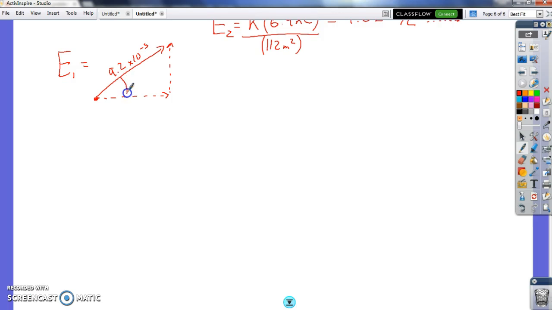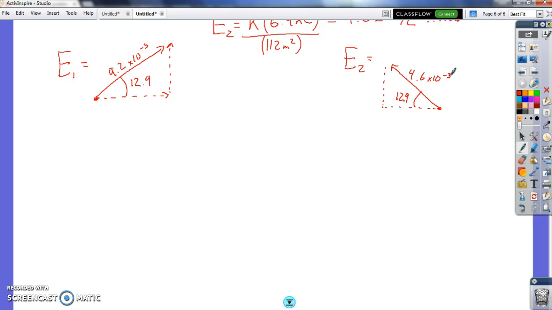And this is a 12.9 degree angle. We have E2, which is this direction. This is also 12.9, and this is 4.6 times 10 to the negative 3 newtons per coulomb.